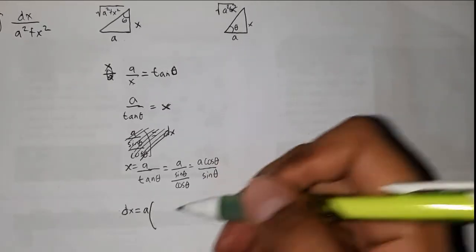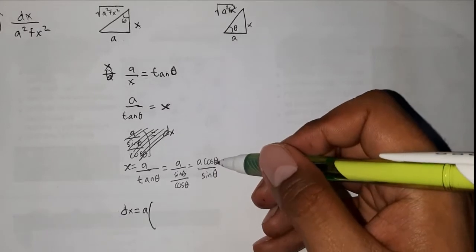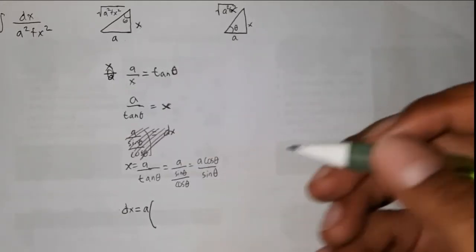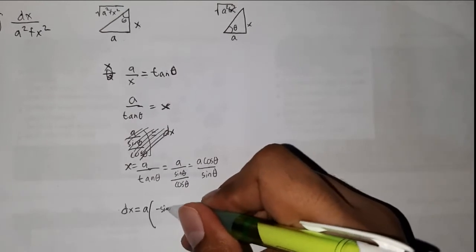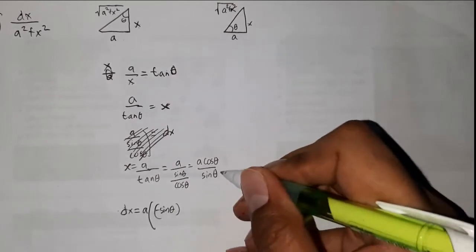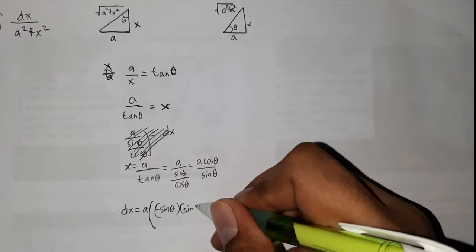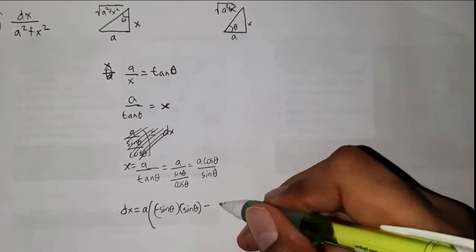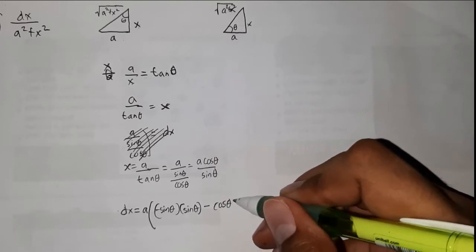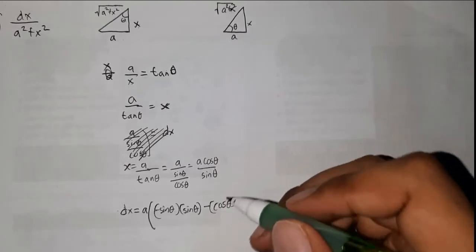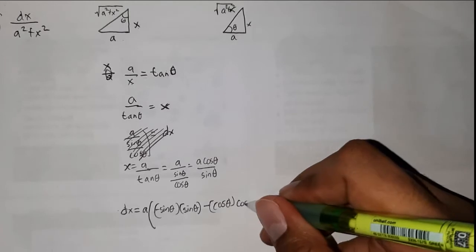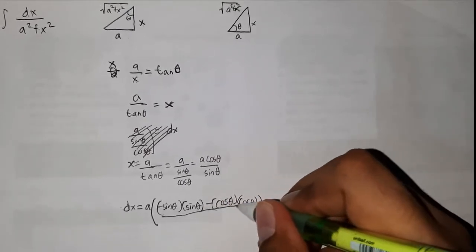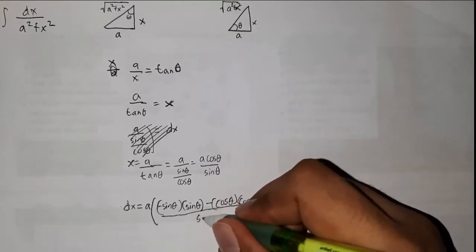Okay lang naman, nasa labas yan. So, derivative ni numerator. So, cosine theta, derivative na ay negative sine theta. Times denominator. Minus numerator. Times derivative na denominator. Over denominator squared.